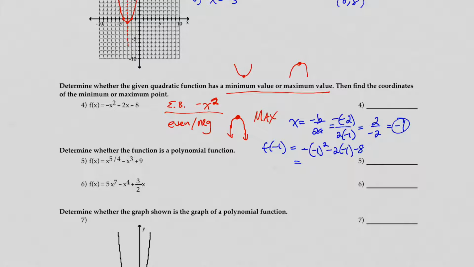So this is negative 1 plus 2 minus 8, which is negative 7. Okay, so that maximum value happens, the coordinates would be negative 1, negative 7.